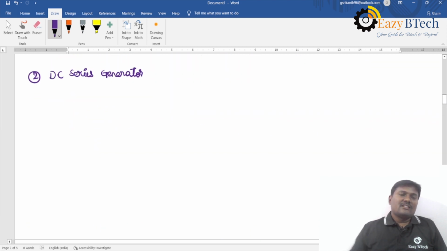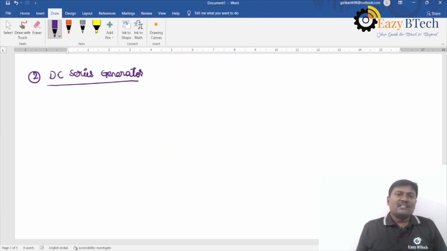The second one is the DC series generator, meaning both armature winding and field winding are connected in series. Again same thing, the armature winding is A and AA, and the field winding is connected like this, and let us say this is F and FF.